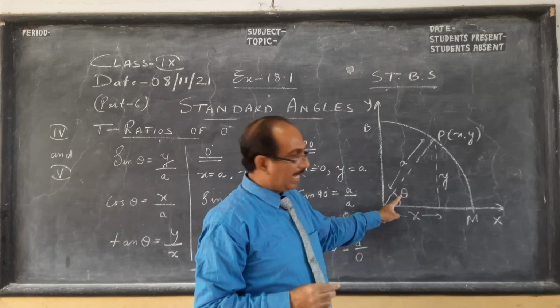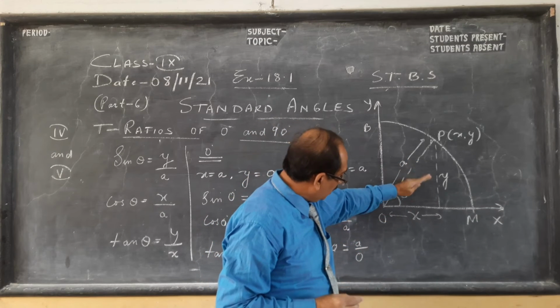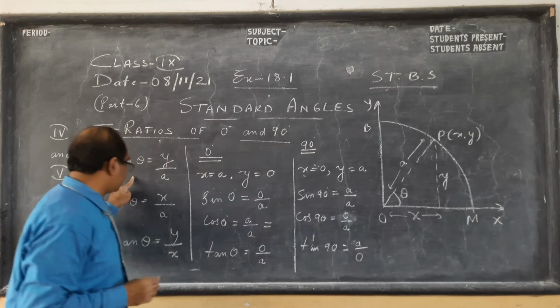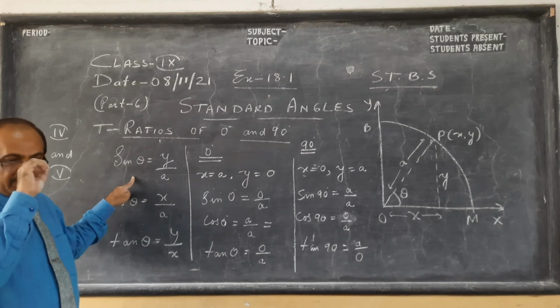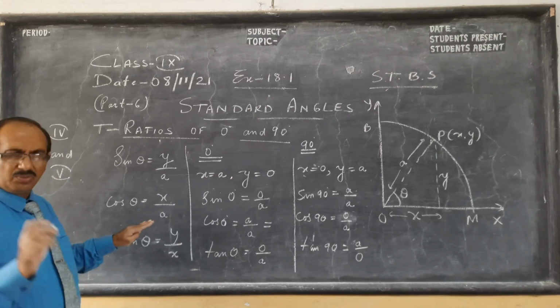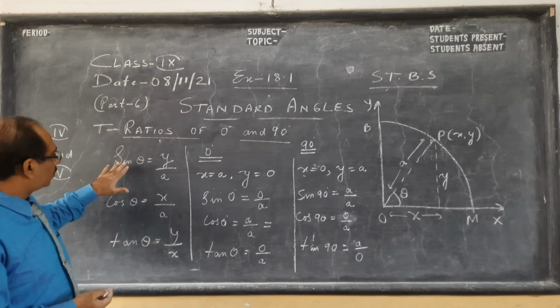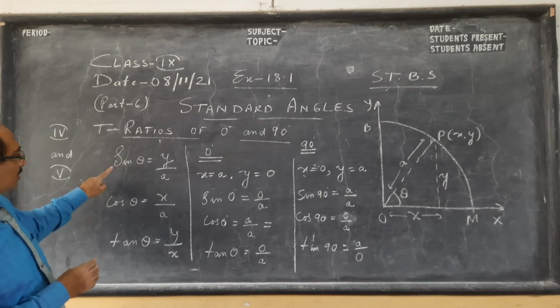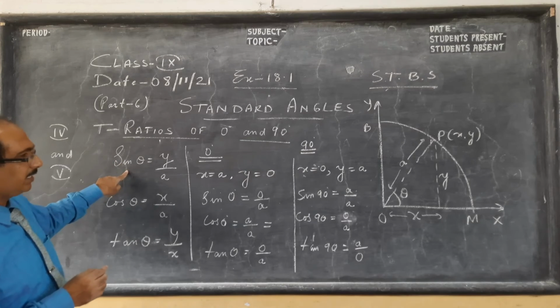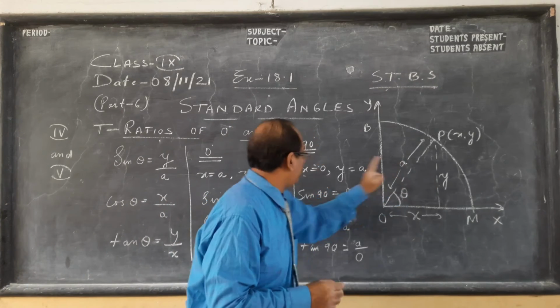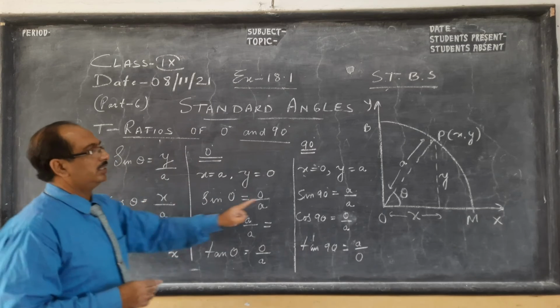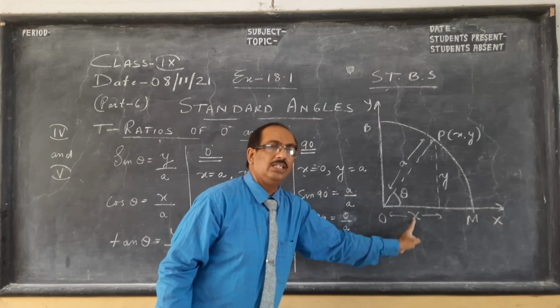Now remember, when angle theta becomes 0, this overlaps. You may find this situation a little difficult in the beginning, but please try to understand, or you can see it once or twice more. Sine theta is y by a, cos theta is x by a, and tan theta is y by x.